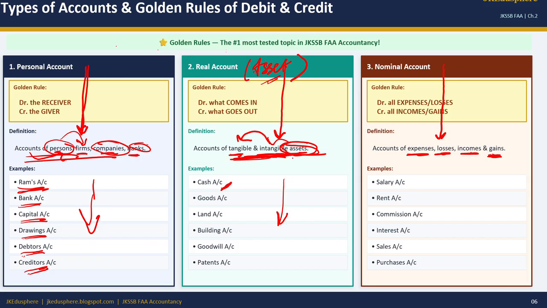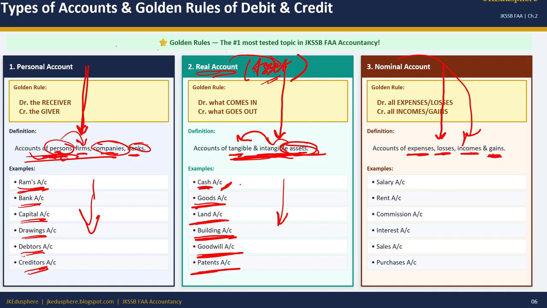Just remember: with personal account we record persons, with real account we record assets, and with nominal account we record income, gains, and losses. In a real account, what is recorded? Cash, goods account, land account, building account, goodwill account, patent account. These are some real accounts.